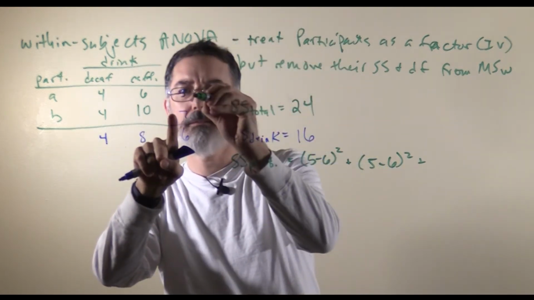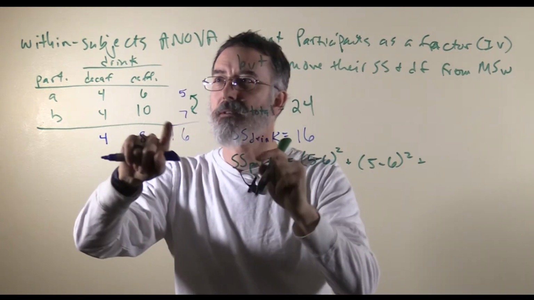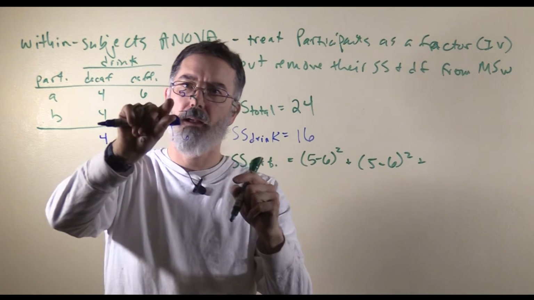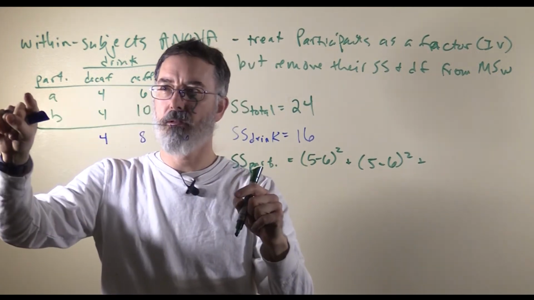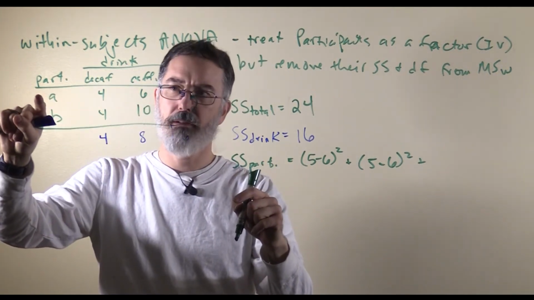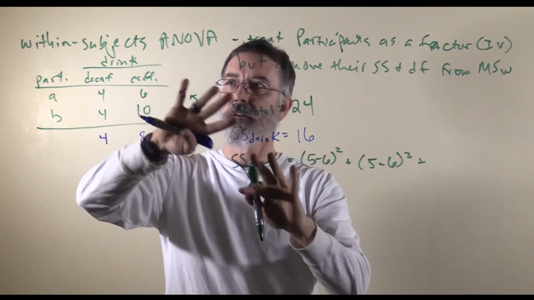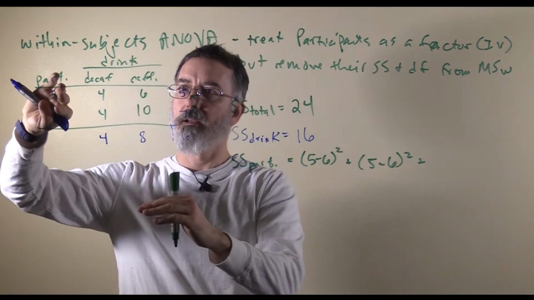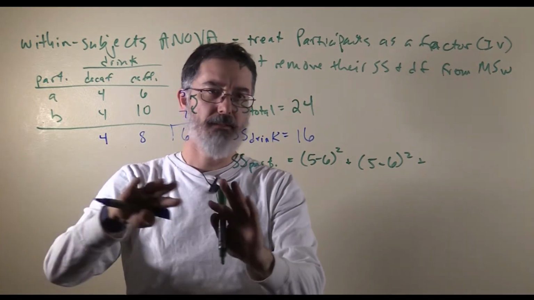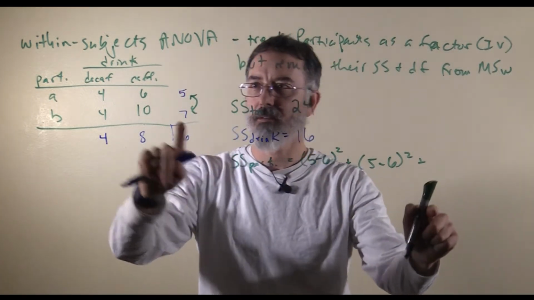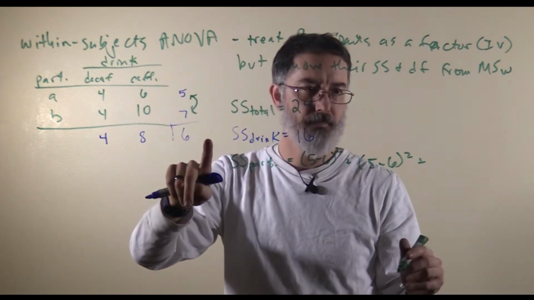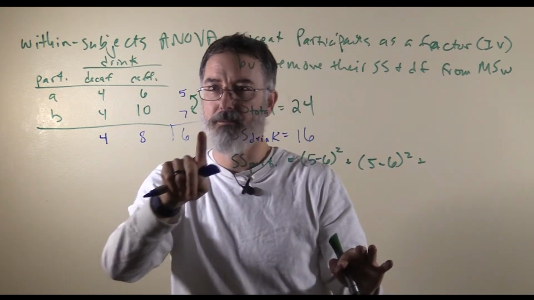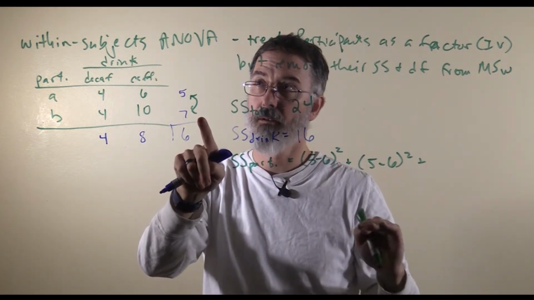And so this is the difference between our participants that's unrelated to the drink. So this person tended to have a little bit lower, I guess, alertness compared to this person. And for our ANOVA, we're interested in the drink difference rather than the individual differences. And so we're going to exclude these sums of squares and their degrees of freedom from our error variance, our mean square within.